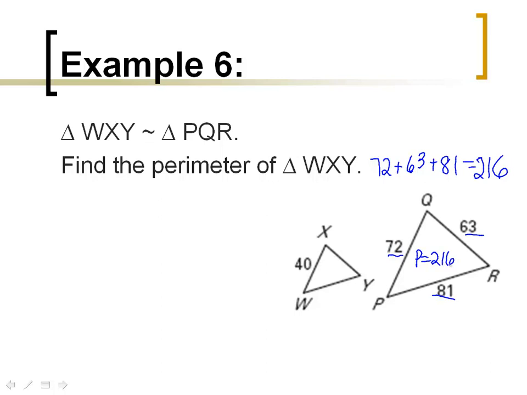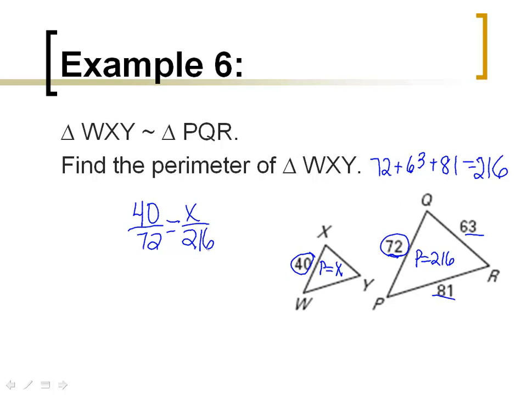Okay, if I want to find the perimeter of this smaller triangle, it's my unknown, so I'm going to make that x. Well, can I write a proportion using these two sides? I can say 40 out of 72 equals x out of 216, the perimeter of my larger one. So I use the perimeter to write a proportion here. Let's use the cross products property again.